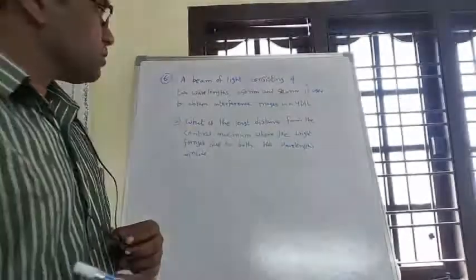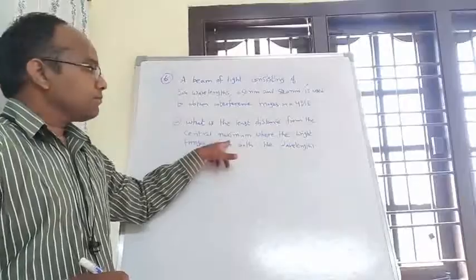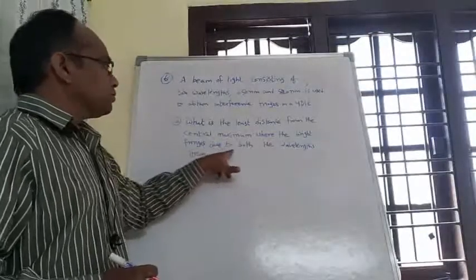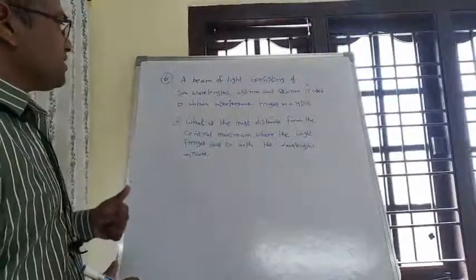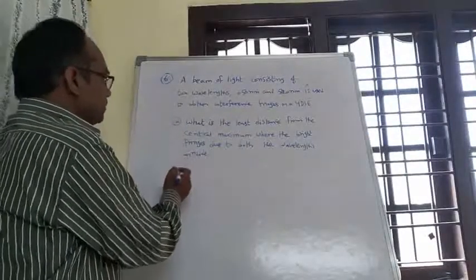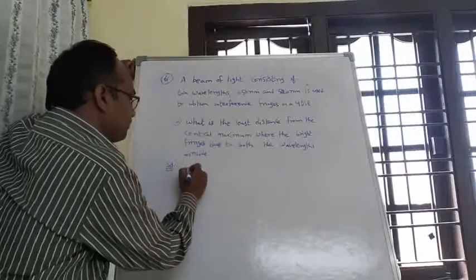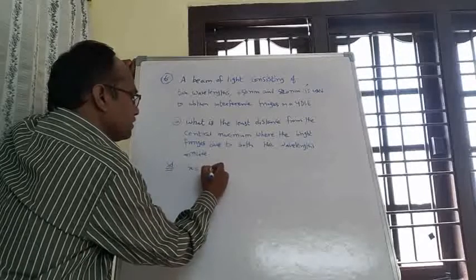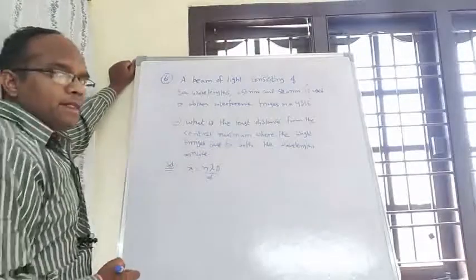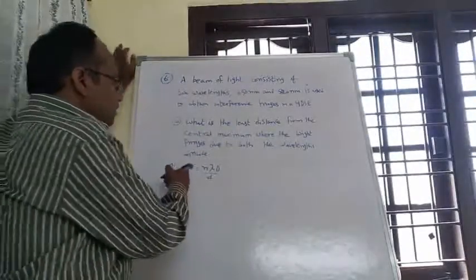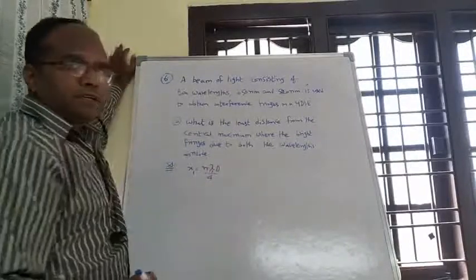Now the second question is, what is the least distance from the central maxima where the bright fringes due to both the wavelengths coincide? So what is the solution? First, what is the formula? X is equal to n lambda D divided by small d. So this is n1 and this is lambda 1.